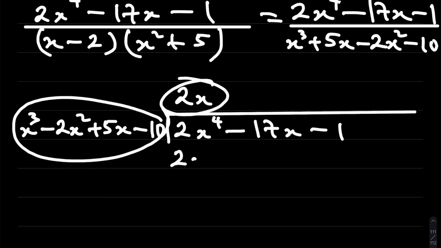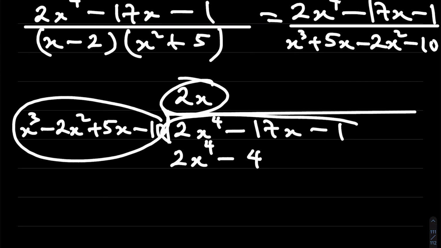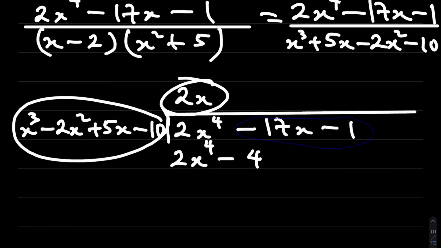And that's going to mean 2x to the power 4 minus 4x squared. There's no x term in this, so I can just write 0x. There's no x cubed term in this, so I can write 0x cubed and 0x squared.